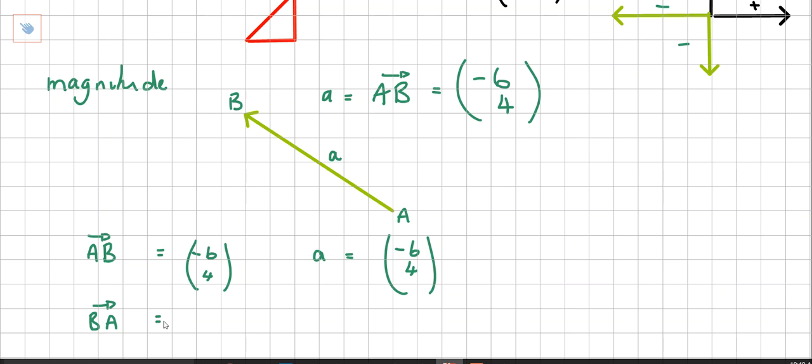So what would it be? 6 over minus 4, because you're going down. What we're not doing is just flipping numbers around; we've got to think about what actually happened: the direction changed, yeah? So how would I represent that in terms of a? a is (-6, 4), but BA would be negative a.